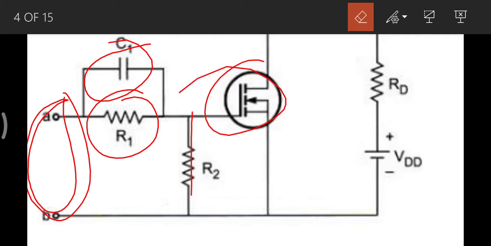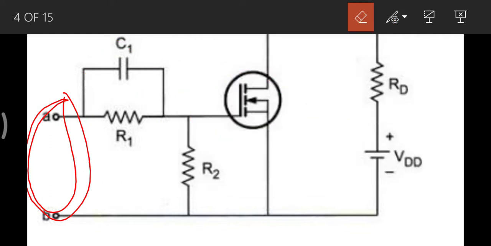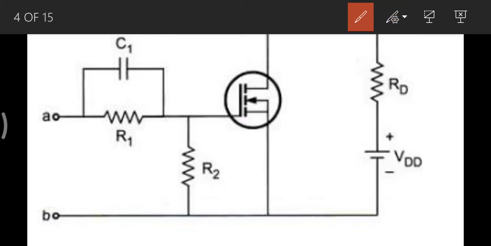So students, once again see here, I am repeating the working of the gate drive. Let us consider, initially we are applying the voltage across VAB.